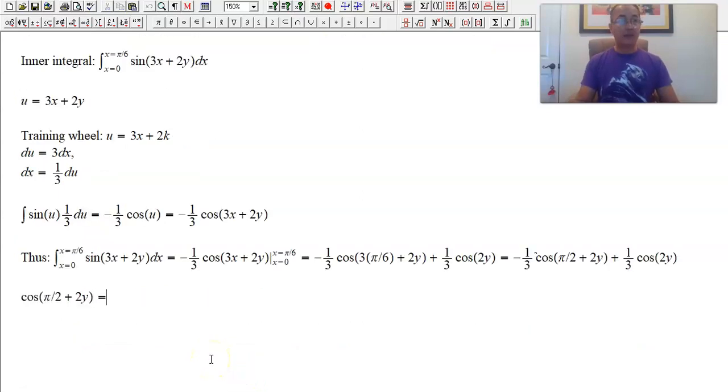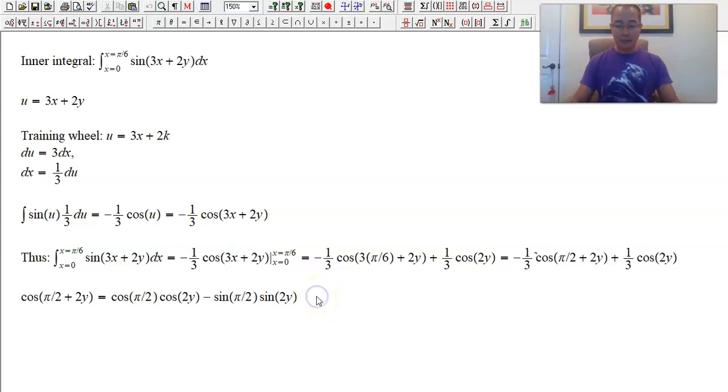Simplify. So this is cosine of pi over 2, cosine of 2y, minus sine of pi over 2, sine of 2y. Okay? Cosine pi over 2 is 0, so that first term goes away. Sine of pi over 2 is 1.